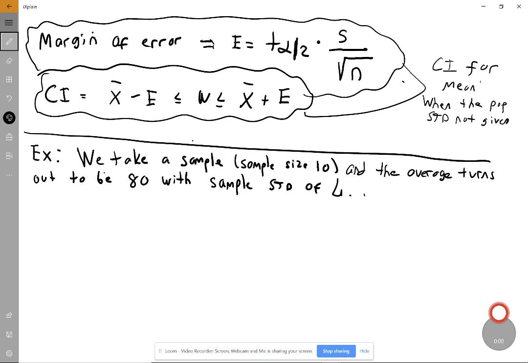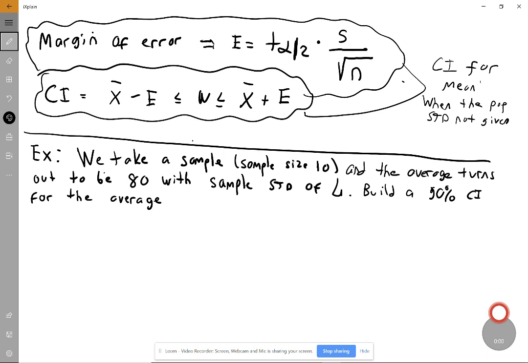Now we want to build a 90% confidence interval for the average.